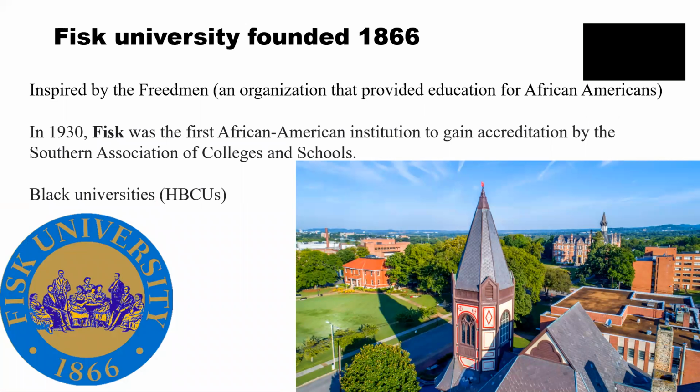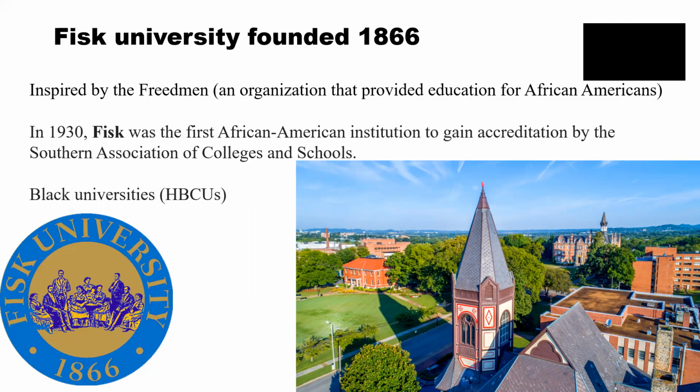And okay, so Fisk University was founded in 1866. You might wonder why the founding of a university is so important. That's because this university is kind of designed for African Americans. It was inspired by the Freedmen's Bureau, which is an organization that provided education for African Americans during the Reconstruction era.